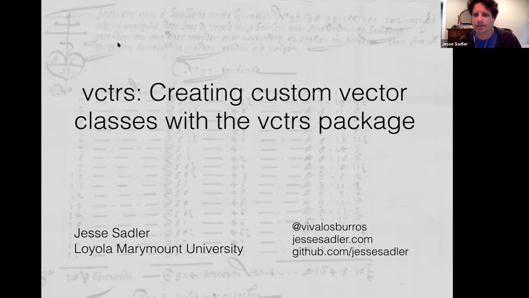vector S3 vector classes. Okay, so I'm going to try and go between using the slides and some RStudio stuff, so we'll see how that works. But let me first start by going through some nomenclature, just so we know what's going on with S3 stuff.